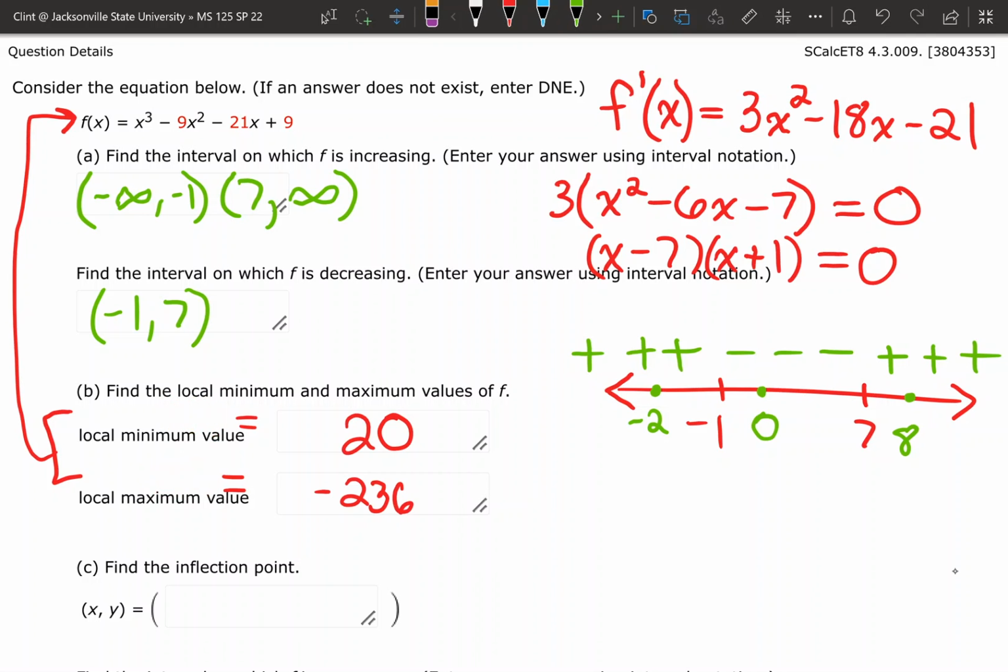Because the minimum is going to be where we go from negative to positive, so it's going to be at 7. We said them both right. We just wrote them down backwards. Sorry. Yeah, that's right. This one would be, what was that? Negative 236. Is that it?